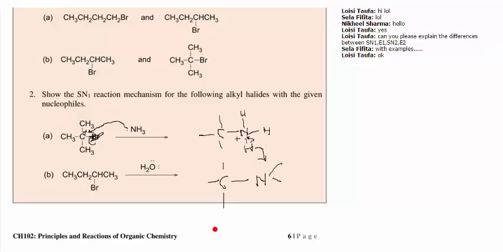And it's always the lone pair of electrons on the nucleophile which gets attached to the carbocation.